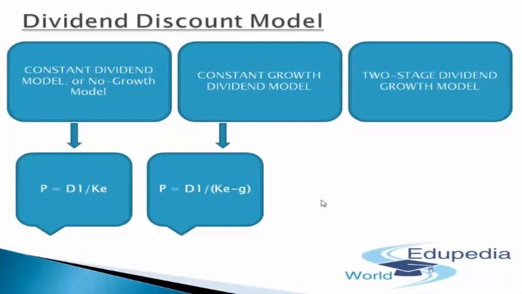So it is always best suited for firms which are growing at a rate comparable to or lower than the nominal growth in the economy, and which have well established dividend payout policies that they intend to continue in the infinite future as well. So that's the kind of growth model which is being adopted by these kinds of companies. And the same is being taken care of very well by those.